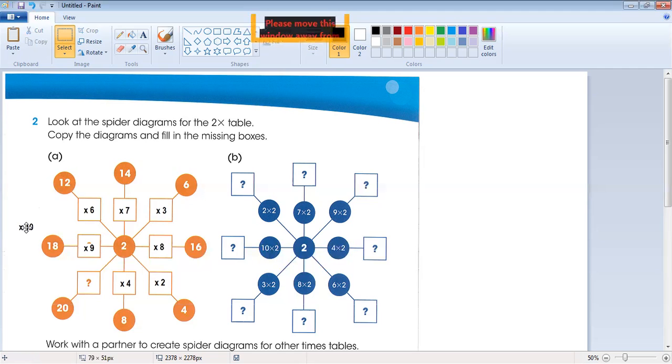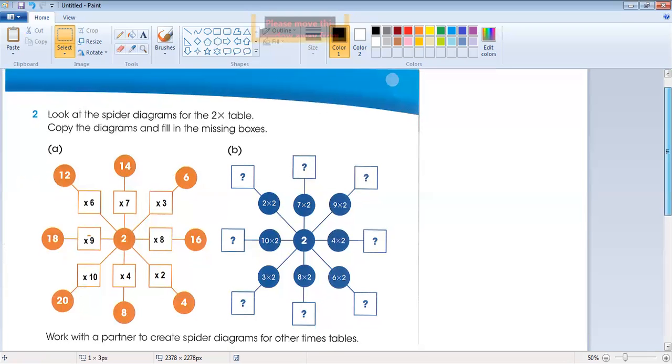If you multiply 2 with 10, you will get 20. Now you see we complete all these boxes with table 2: 2 multiply 7, 2 multiply 3 also. And 2 twos are here. If this is 2 multiply with 2, what will be the answer? You try to do it for yourself, it's quite easy.